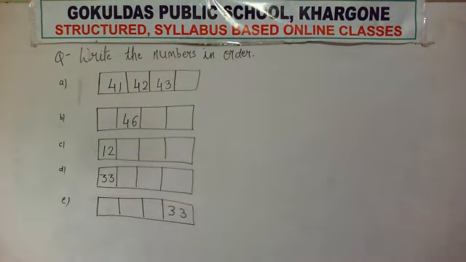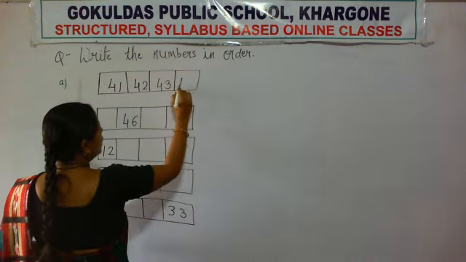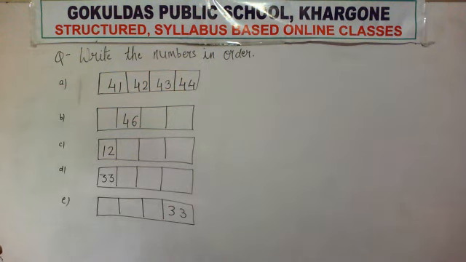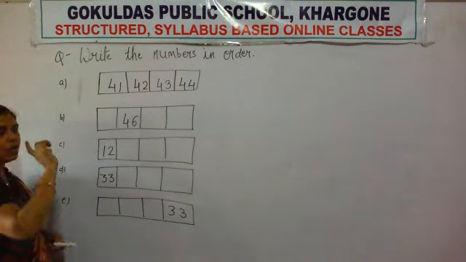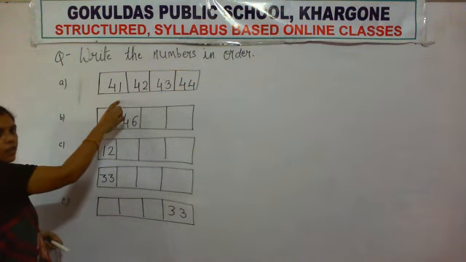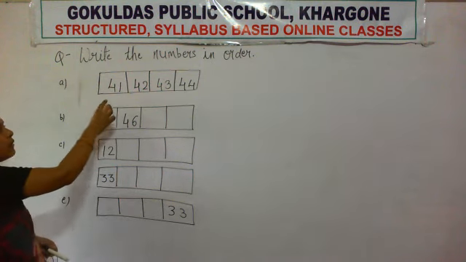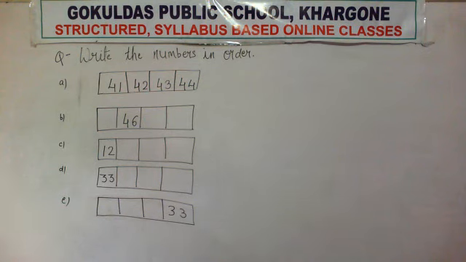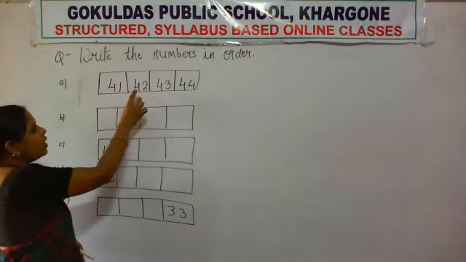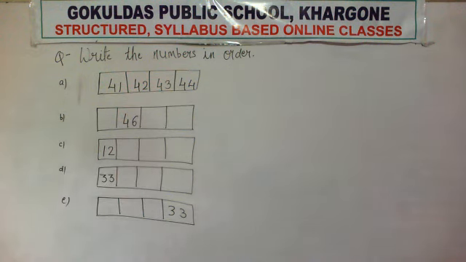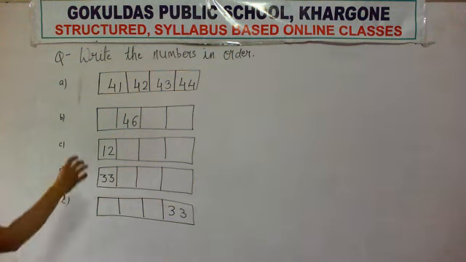Now which number will come after 43? 44. So in question A, only one number is given, that is 41, and after 41 3 boxes are empty. So we have written 3 numbers after 41: 42, 43 and 44. So copy this in your notebook.